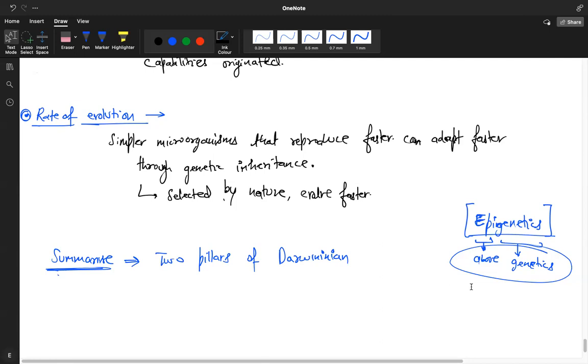There are majorly proteins which interact with DNA. They are called epigenetic marks. And these epigenetic marks have the capability to either silence a gene, overexpress a gene, or underexpress a gene, without changing the allele, without changing the gene itself. So there is no change in the DNA.